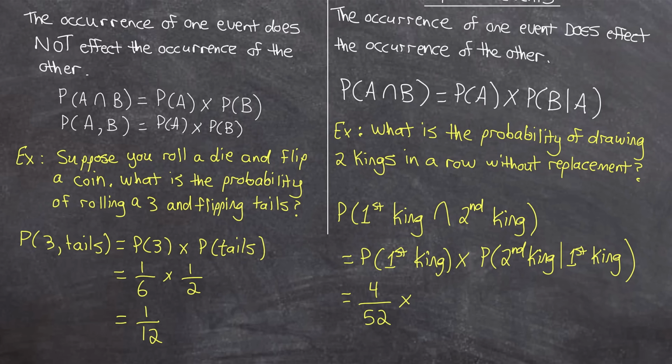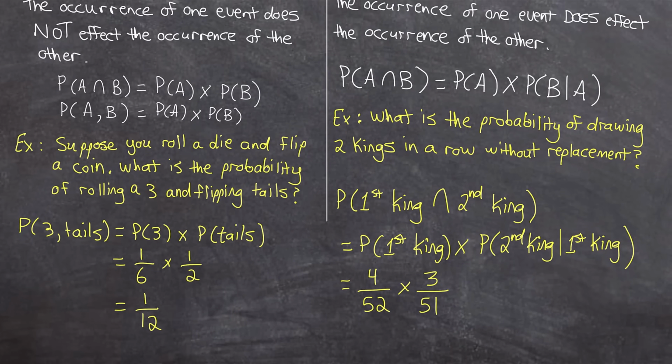We've already removed a king from the deck, meaning there are only 3 kings left, and only 51 cards left to draw from. If we do this multiplication and simplify, we get 1 out of 221 as the probability of drawing 2 kings in a row without replacement.